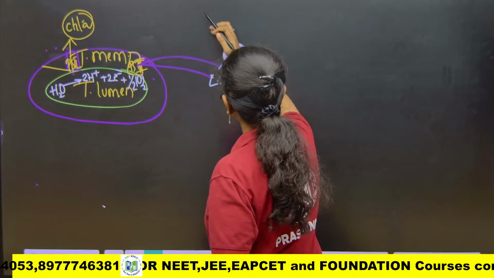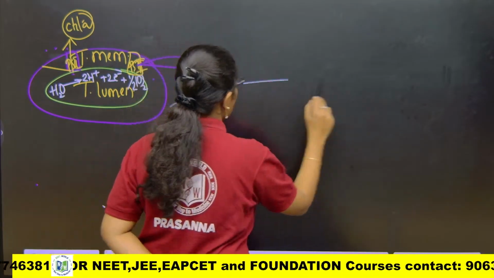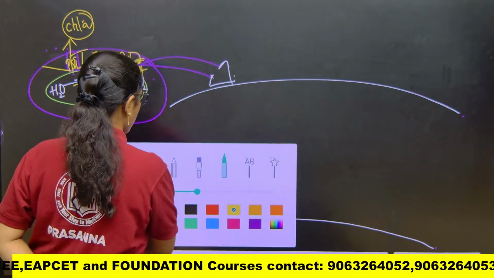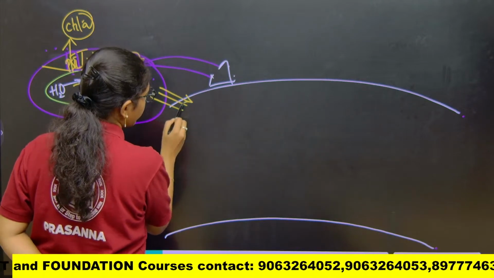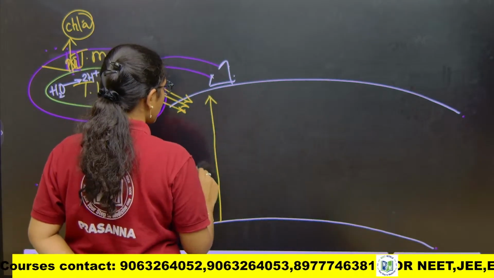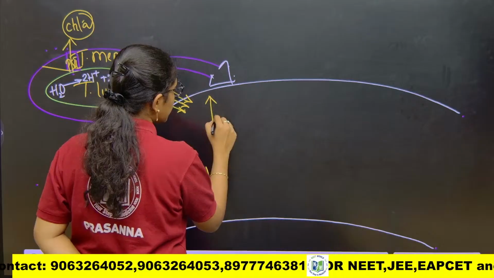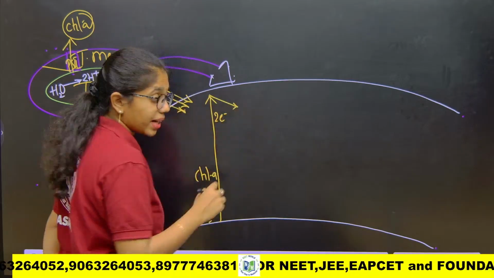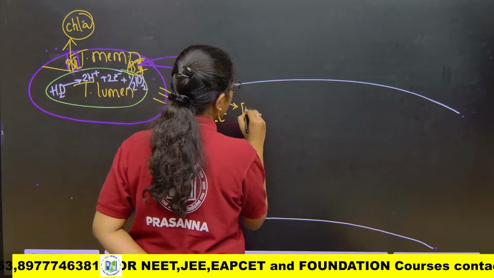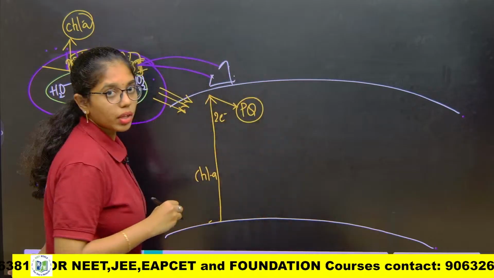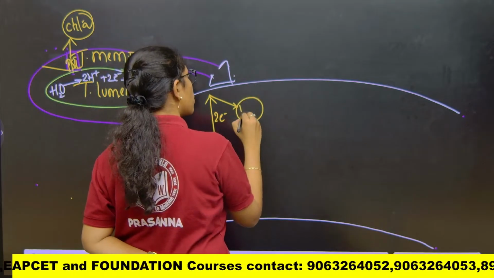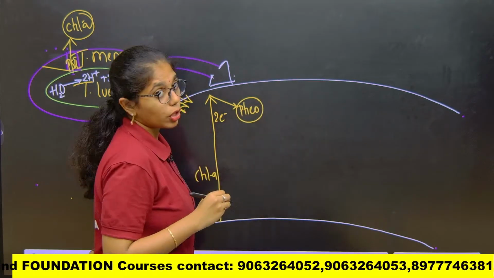If I have to draw this over here, in this thylakoid membrane, light in the form of photons will be received and then passed to the reaction center, that is chlorophyll A. From the reaction center, 2 electrons are accepted by the primary electron acceptor, which is pheophytin.